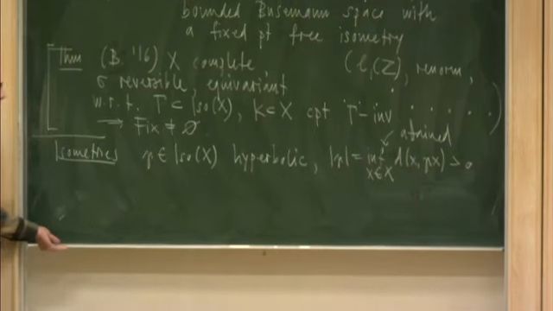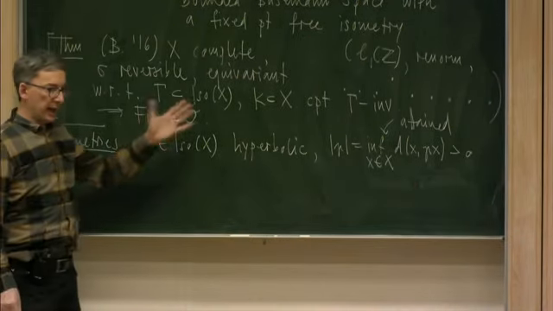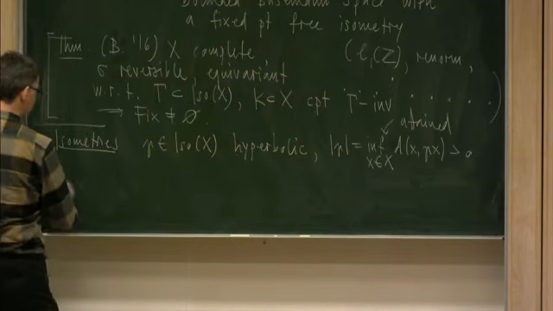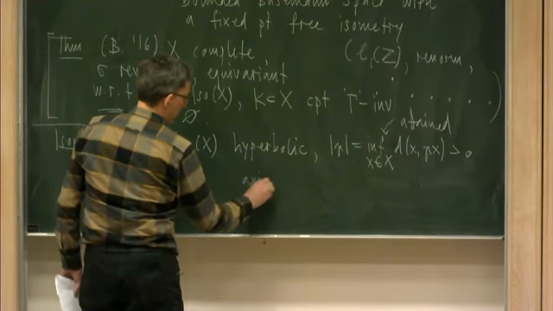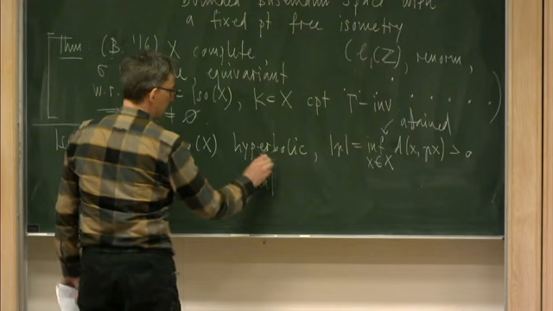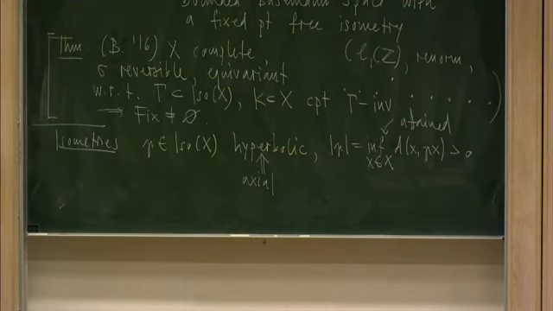So if you have an isometry with an axis, then this implies that the isometry is hyperbolic. That's a general fact which holds in all metric spaces. It only uses the triangle inequality.